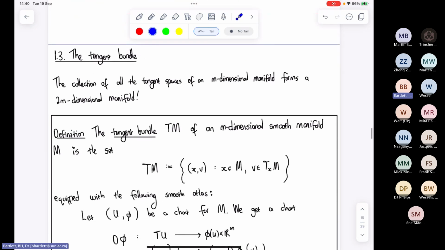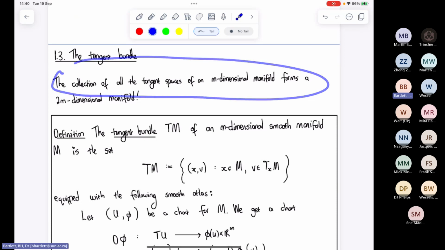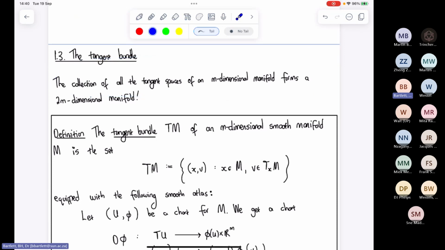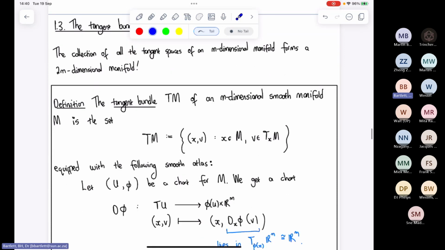Okay, we're speaking about tangent spaces. Now I want to speak about the tangent bundle. So the collection of all the tangent spaces of an m-dimensional manifold itself forms a manifold, and it's going to be a 2m-dimensional manifold. That's called the tangent bundle.